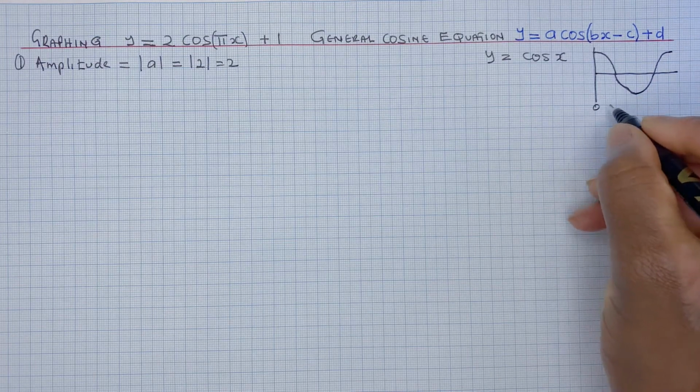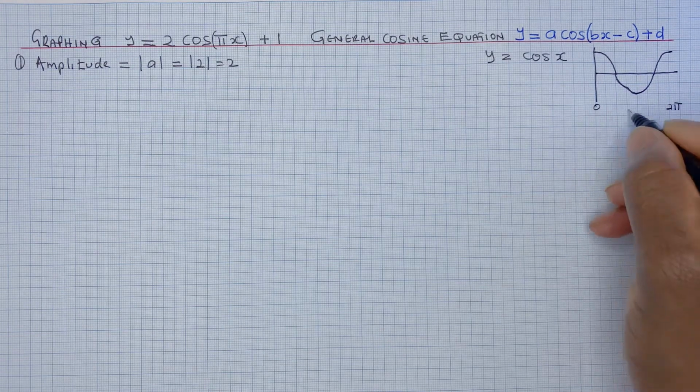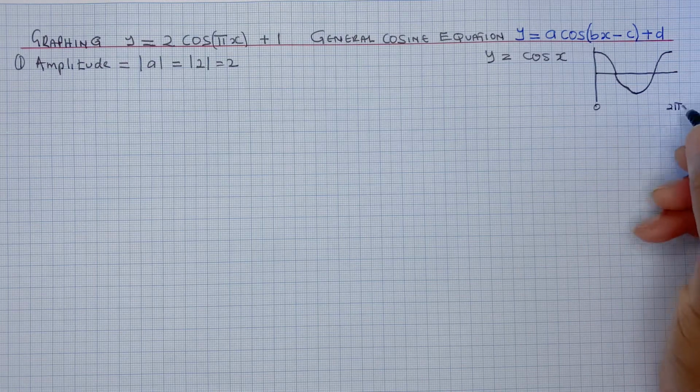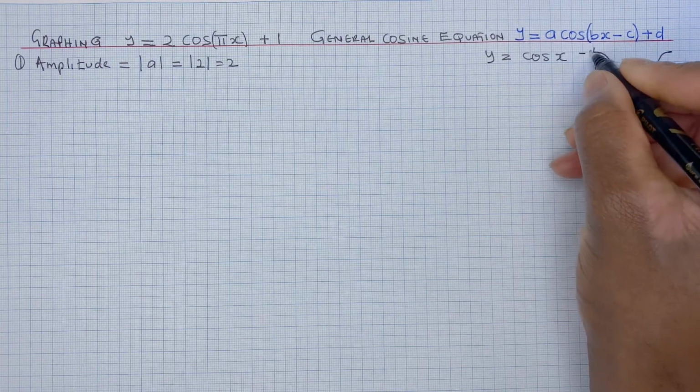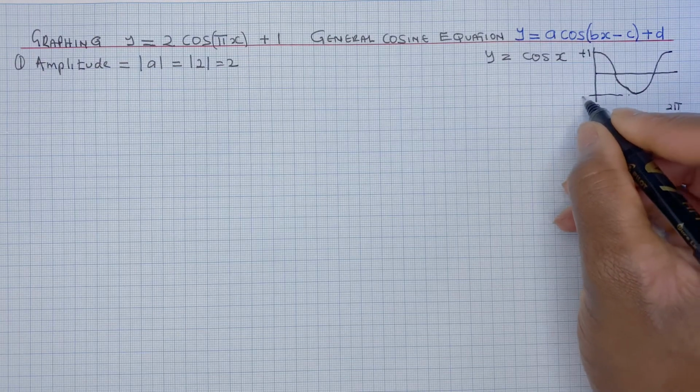So this is 0, and this is 2 pi. So that's a complete cycle. That's one period. And this is plus 1, and here is minus 1.